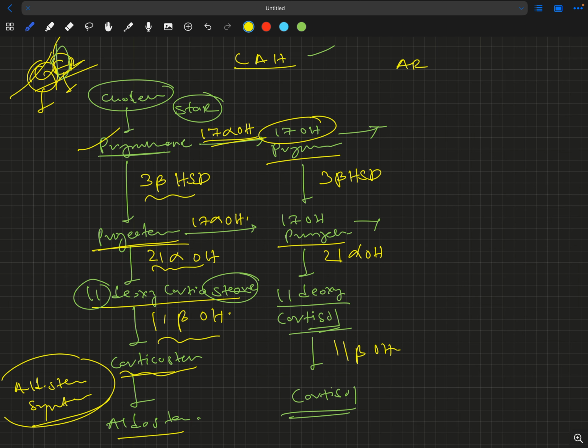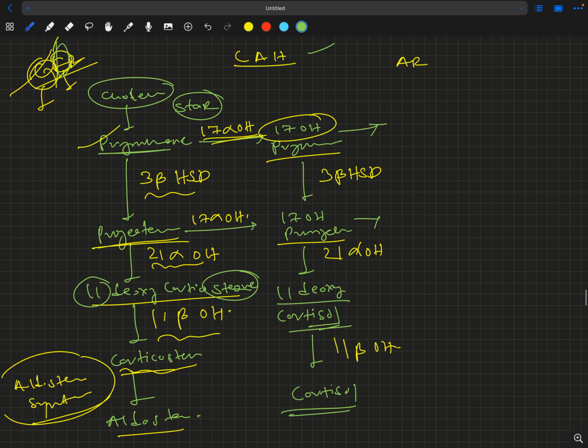Now we come to the zona reticularis. From 17 hydroxyprogesterone, we have conversion into DHEAS, dehydroepiandrosterone sulfate. DHEAS will get converted into androstenedione. Androstenedione will convert into testosterone.